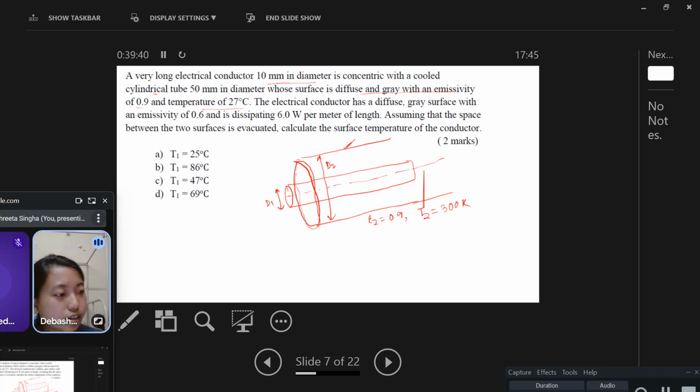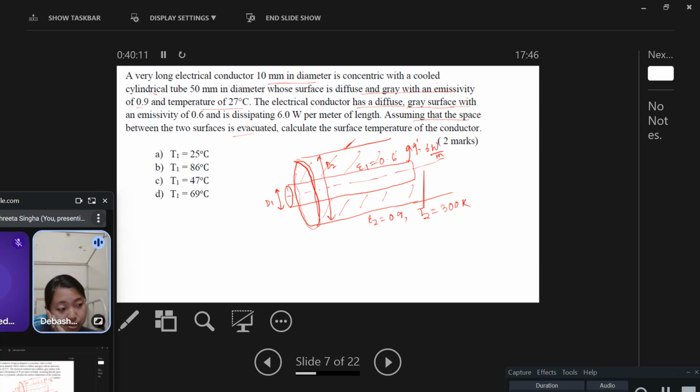The electrical conductor is also a diffuse and gray surface with an emissivity of epsilon 1 is 0.6 and dissipating Q of 6 watt per meter of length, that is Q dash. Assuming that the space between the two surfaces is evacuated, that means this part is vacuum. Calculate the surface temperature of the conductor.